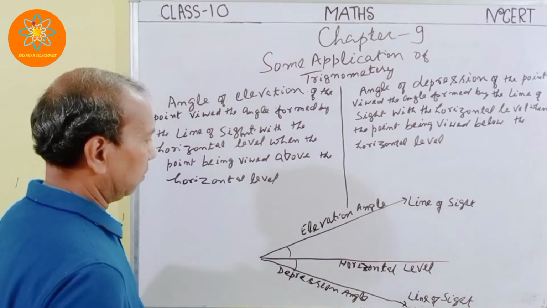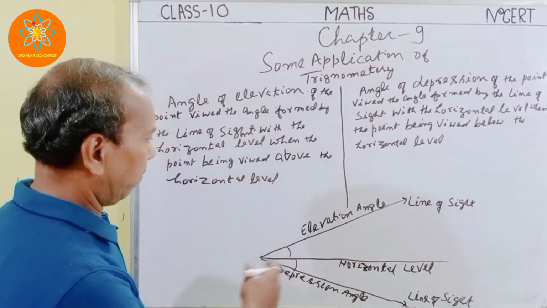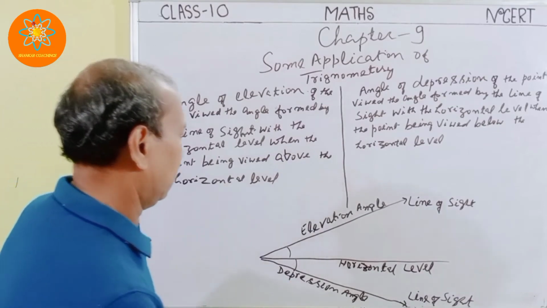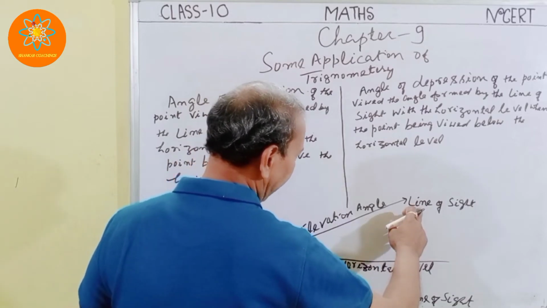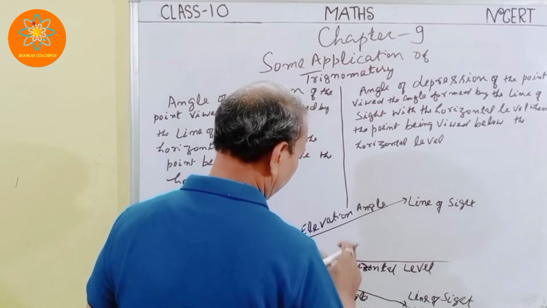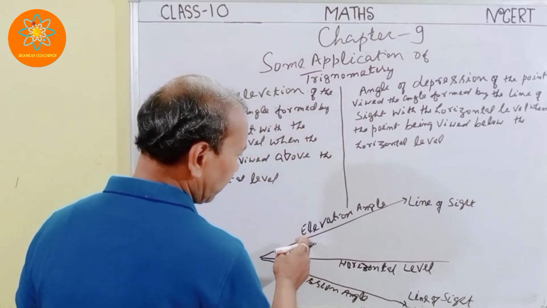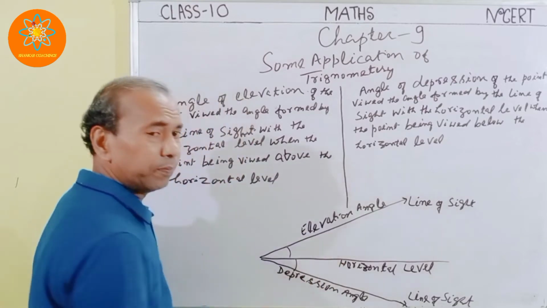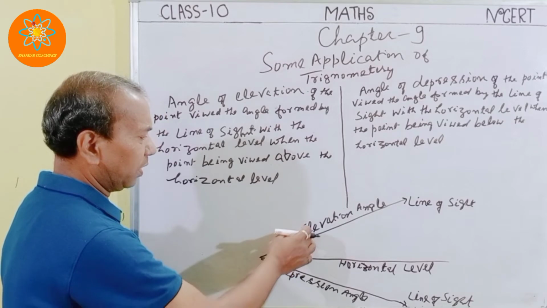So these are the terms used in finding the angle, like horizontal level, line of sight. When the line of sight is above the horizontal level, then this is your elevation angle.